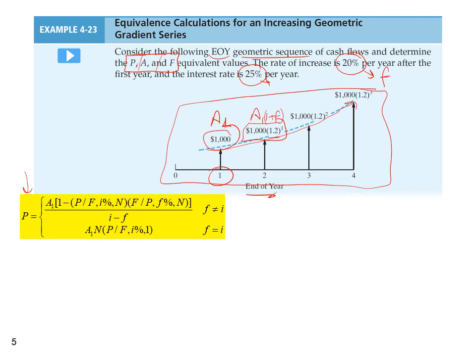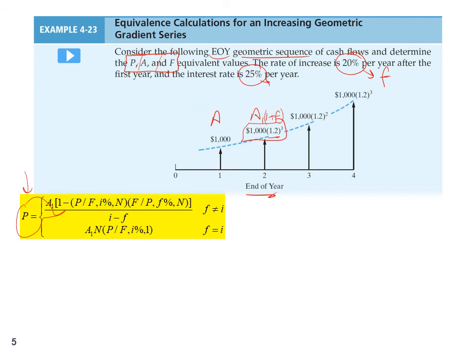And if we want to use this formula to calculate P, P will appear at time 0, 1 period before the time of the first payment. This structure is very important, because in this question it is very easy to figure out. So when you use this formula, you will obtain the present value here at time 0.